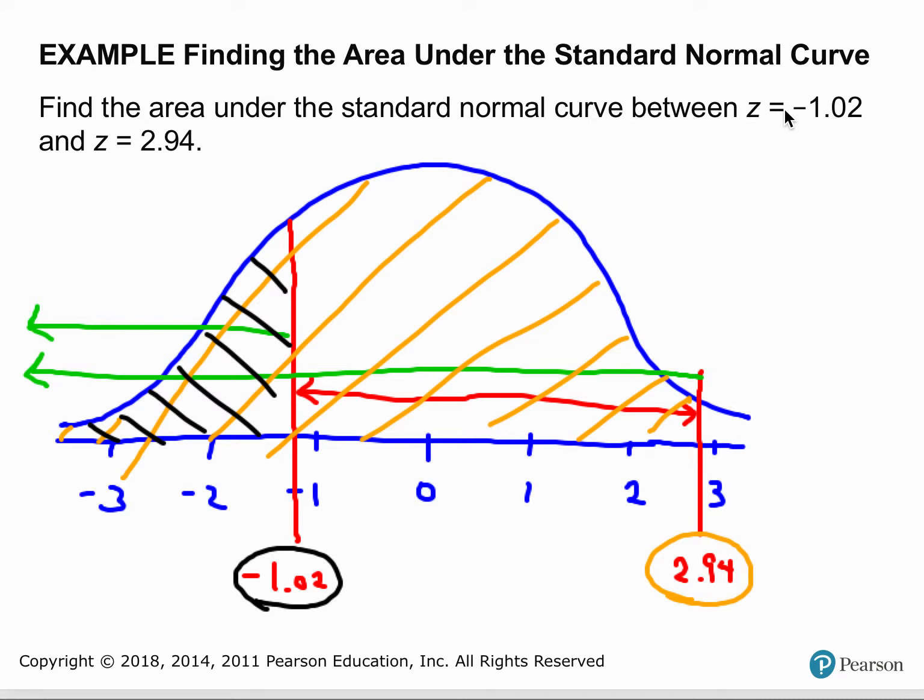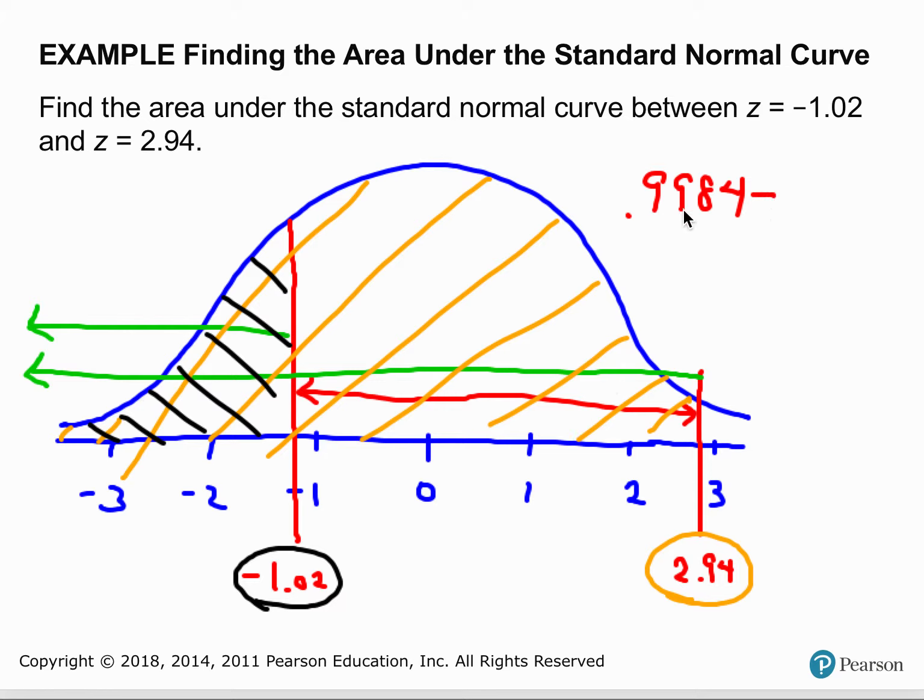Let's find 2.94 first, so that I can subtract in the right order. So 2.9, going down to my table, 2.9 and 0.04 is 0.9984. So that's all this area in gold, all of it. But I don't want all of the area, I just want this part.